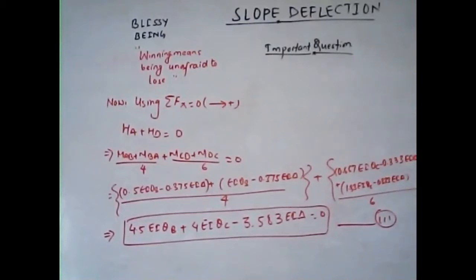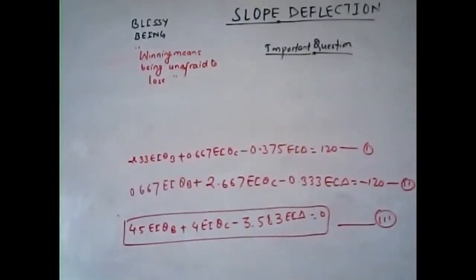So now we have 3 unknowns and 3 equations, so that can be easily solved. You need to put all these equations in the calculator and solve. So these are the 3 equations that you have got, in which there are 3 unknowns.